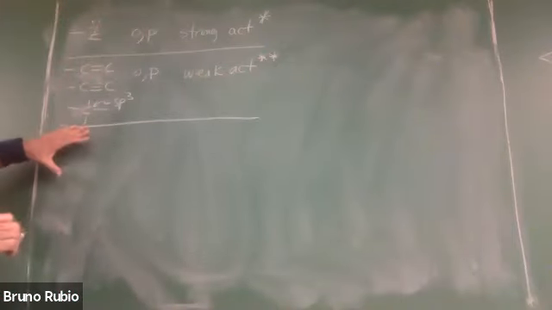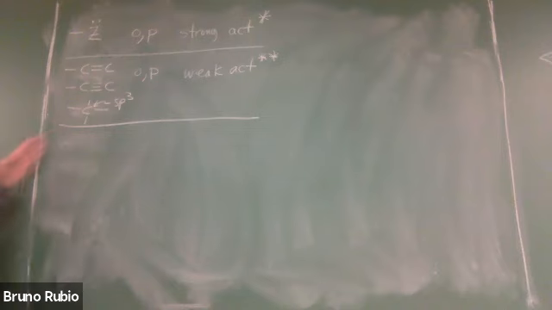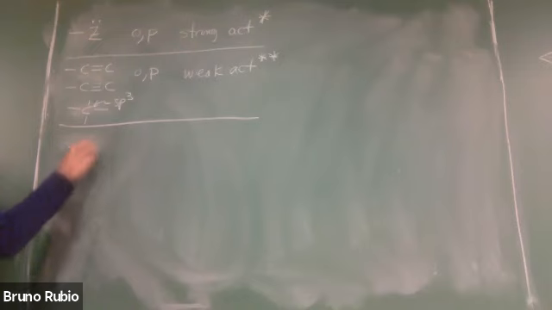Okay, so now we can get to one of these exceptions, and that is if the atom directly bonded to the benzene ring is a halogen.